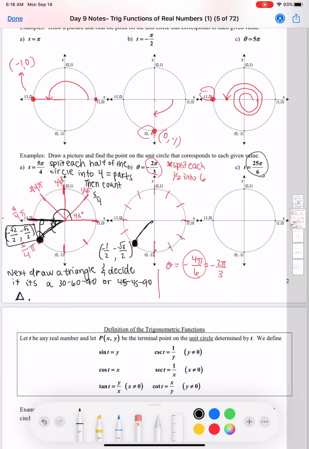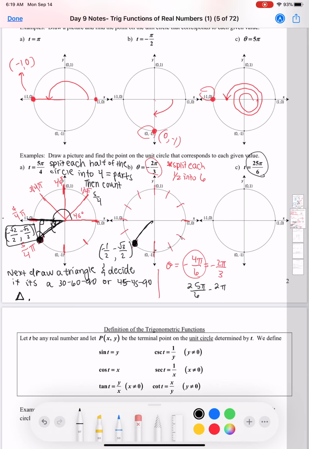Okay, so I'm not going to do it for the entire time, but if I have 25 pi over 6, I'm going to subtract 2 pi. And I'm going to keep doing that until I get down to the angle that is between 0 and 2 pi.